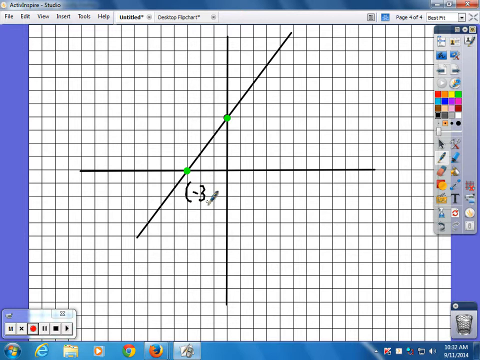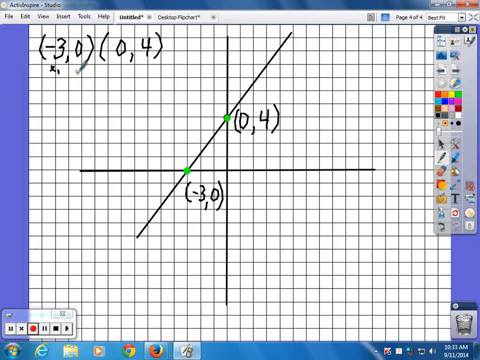Negative 3, comma, 0. And what's this point? 0, 4. So now you've got 2 points. I'm going to write them up here. Negative 3, 0 and 0, 4.